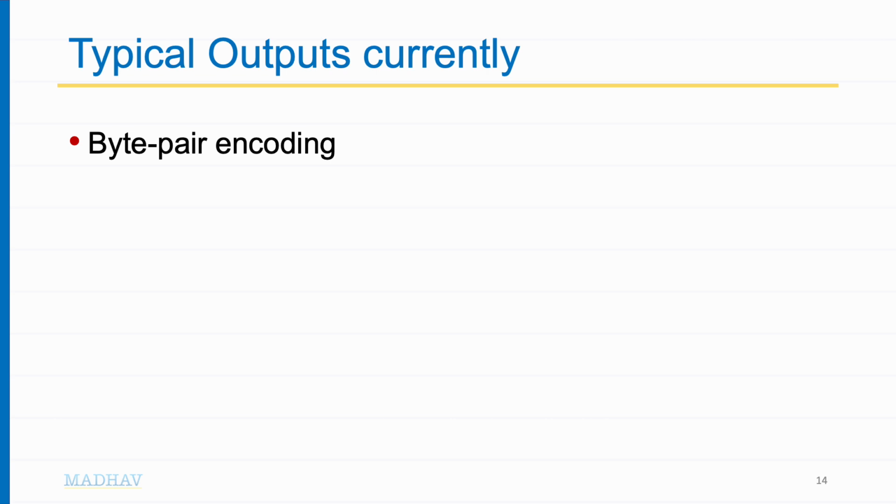But on the other hand, the accuracy of my ASR systems will increase. Why? Because whenever I hear the sound ing, I will not look for I, N, G again. I will just take a single token, the ING token, and put it there. So byte pair encoding increases the number of tokens in your vocabulary, but it leads to much better performance of your ASR systems.